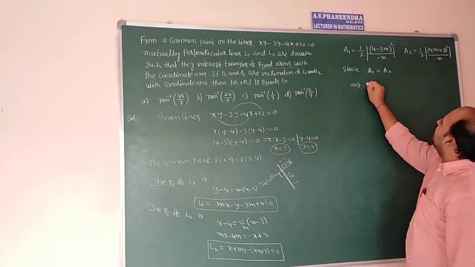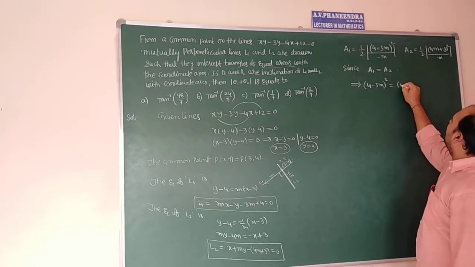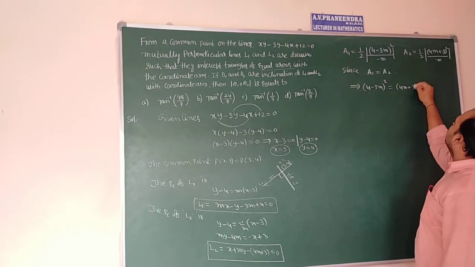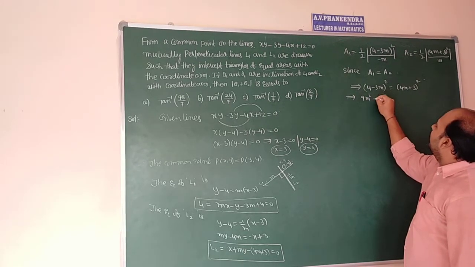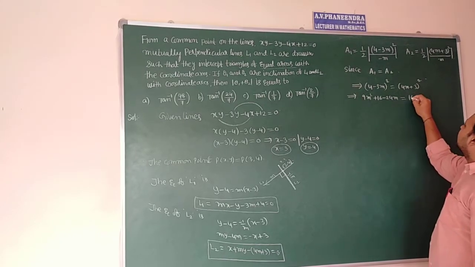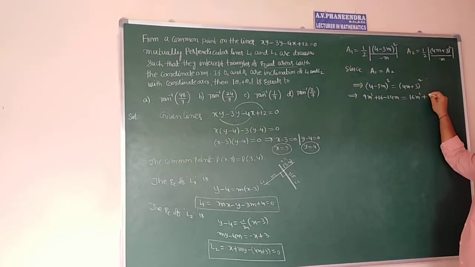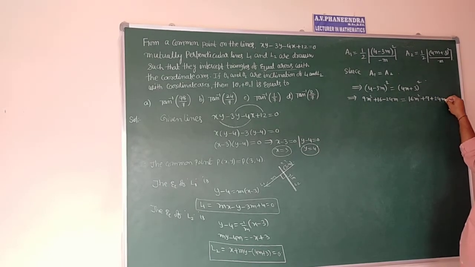Directly we can write 4 minus 3m whole squared is equal to 4m plus 3 whole squared. That implies 9m squared plus 16 minus 24m is equal to 16m squared plus 9 plus 24m.